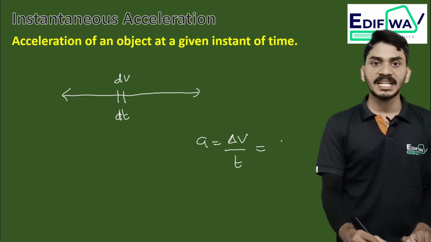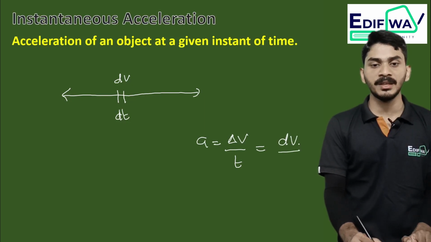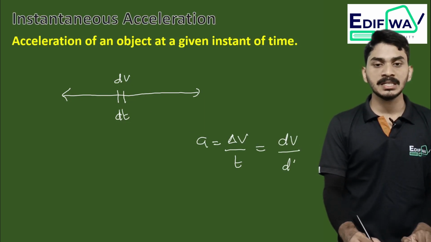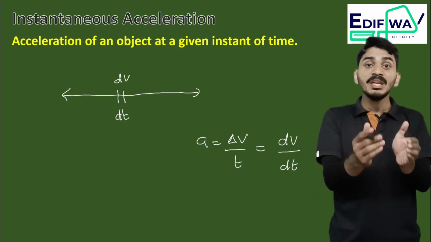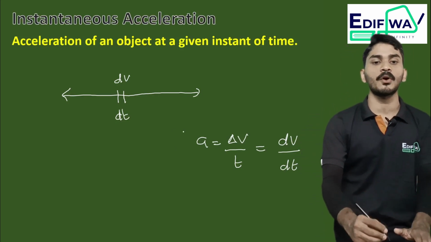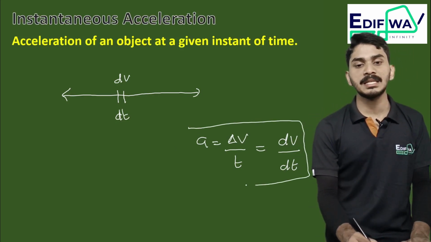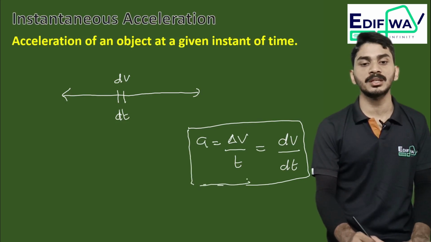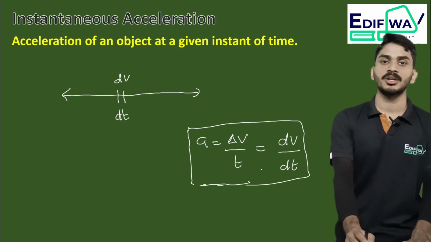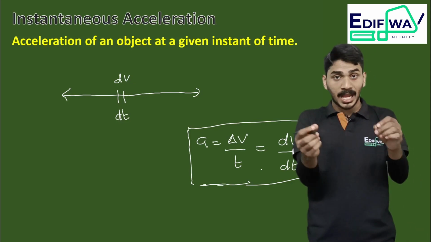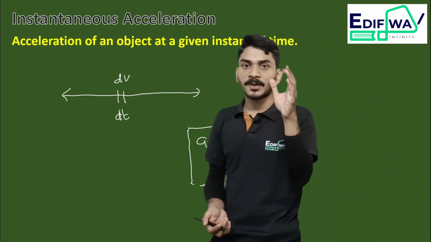So here delta v is nothing but dv, and the time taken is dt, right? So dv by dt is the equation for instantaneous acceleration. Clear? Very important.